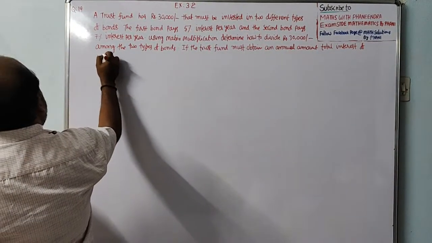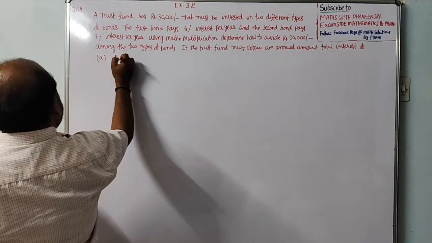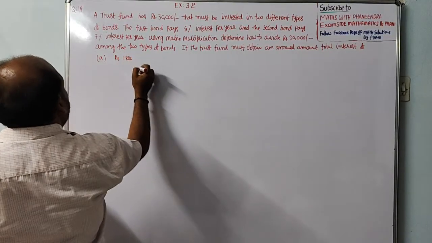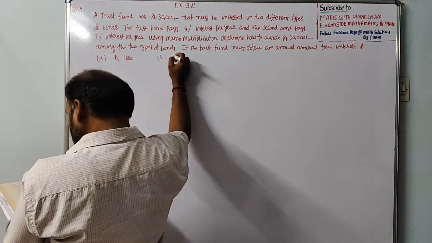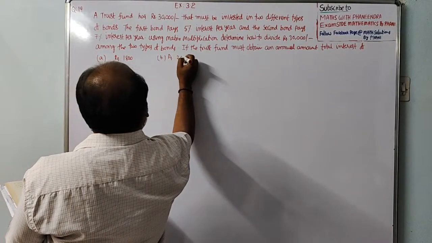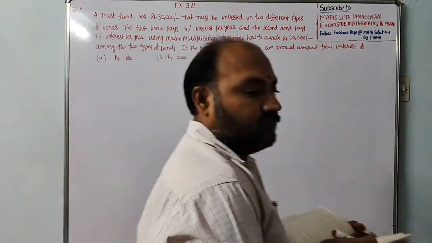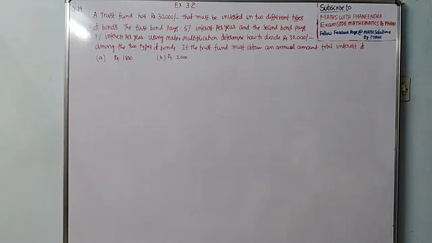One is rupees 1800. Second question, rupees 2000. We'll discuss, dear students. This is a good question. Conceptually, this is a theoretical question on multiplication of matrices.